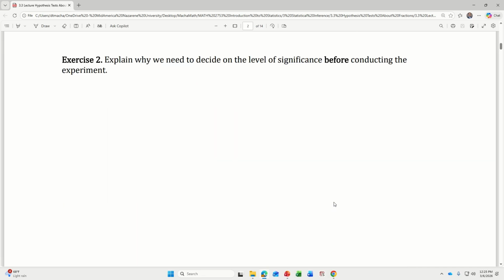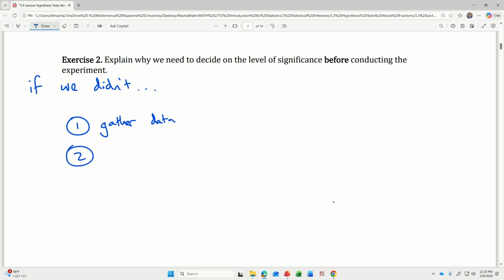So exercise 2 says, explain why we need to decide on the level of significance before conducting the experiment. And this is the reason why. If we didn't, you could first gather data. Number 2, calculate your p-value.